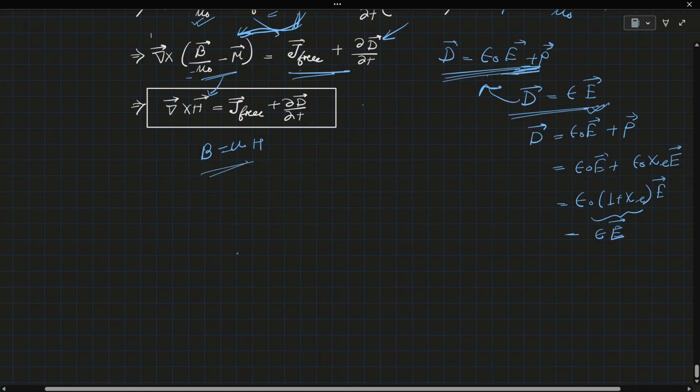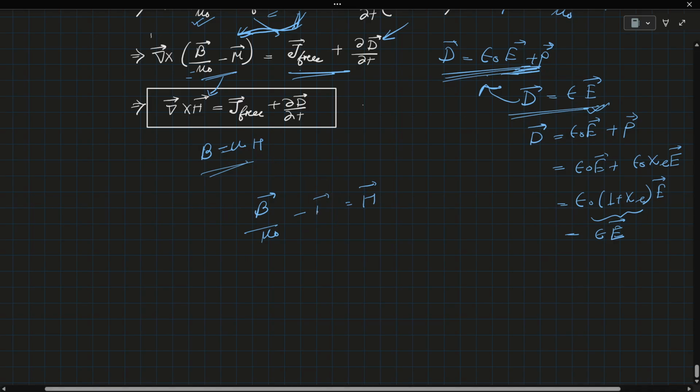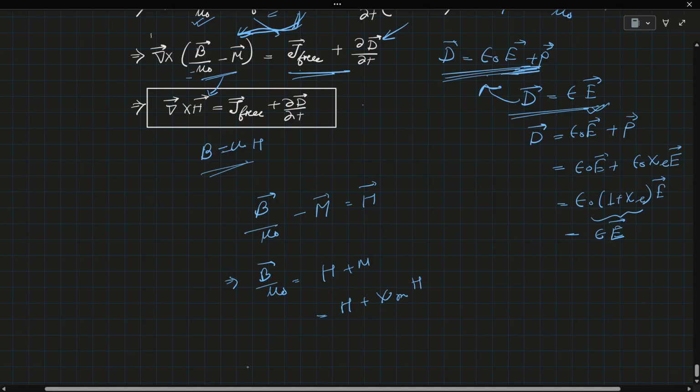So now I can write B by mu naught minus M equals H. So B by mu naught equals H plus M. Here M equals chi m H, so this will be H, right?